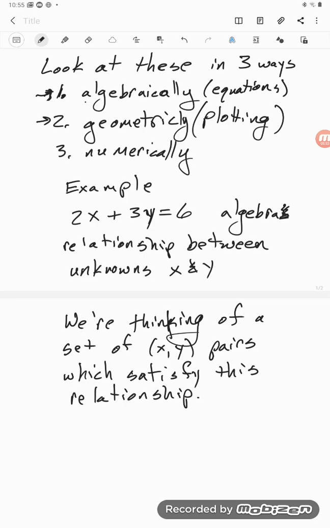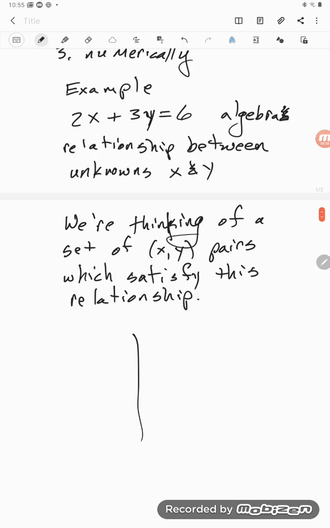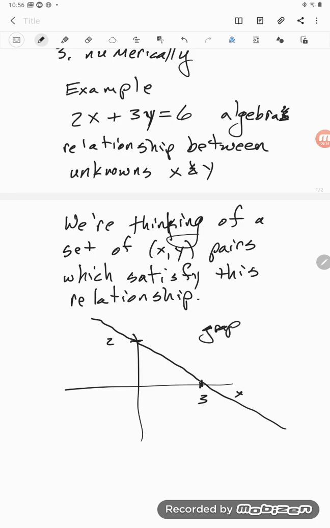So there's my algebra. Now, what we know is that if we use a Cartesian coordinate system, and I go here to x equal 3 and go up here to y equal 2 and draw that line, this is our graphical or geometric representation.